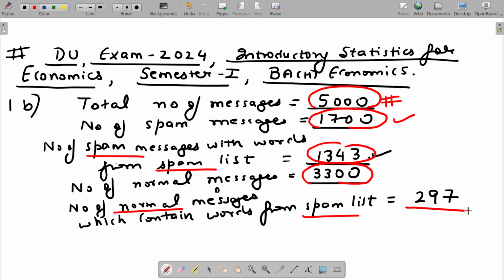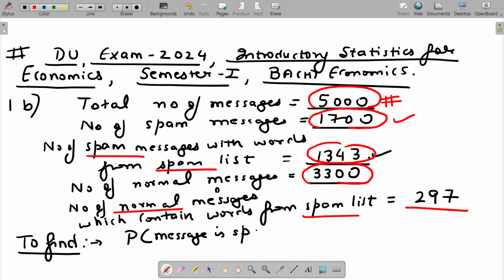So this is the data given to us. We need to find the probability that the message is spam given the message contains words from the spam list.